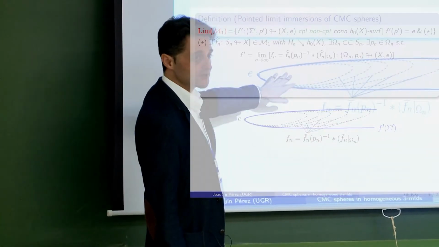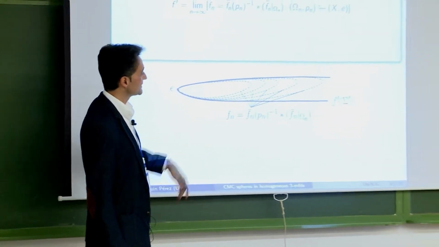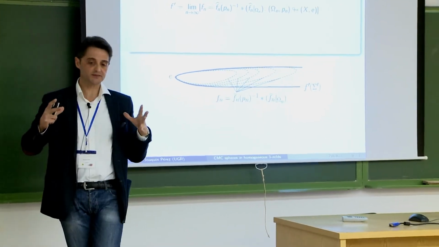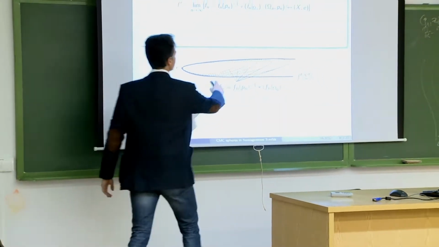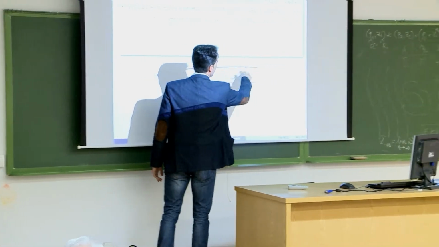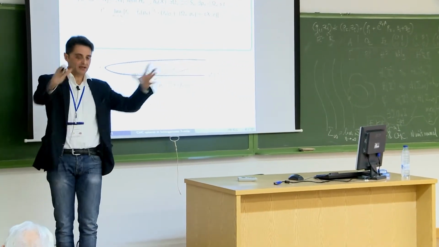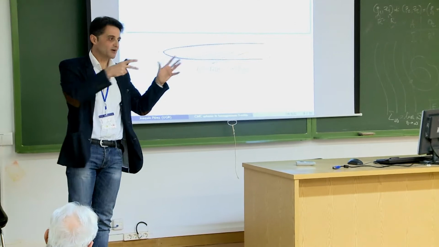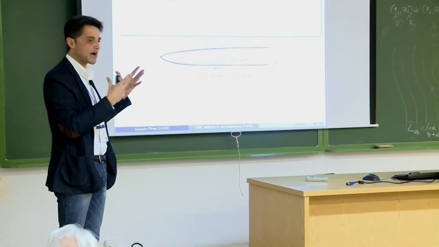Here, look at the picture and it's much easier to understand. You have a sequence of spheres of constant mean curvature. These are those. Actually, the spheres are floating around because you are considering spheres up to left translations.